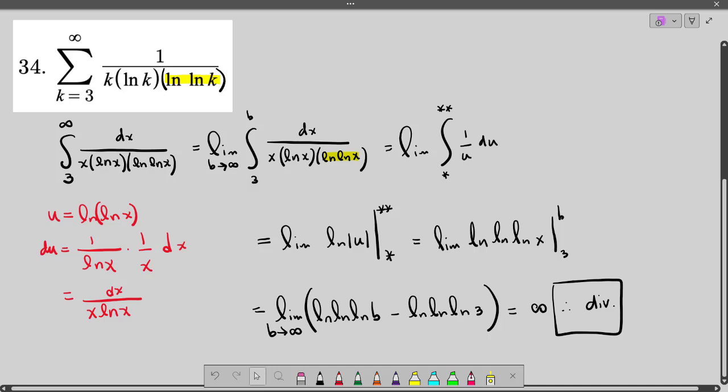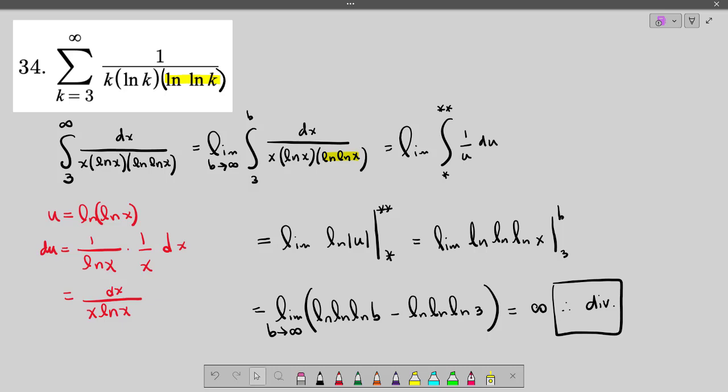Couldn't we have deduced that since we know that 1 over x diverges and 1 over x ln of x also diverges? So 1 over x diverges. When we have x ln x, this denominator is going to go to infinity faster than that goes to infinity.